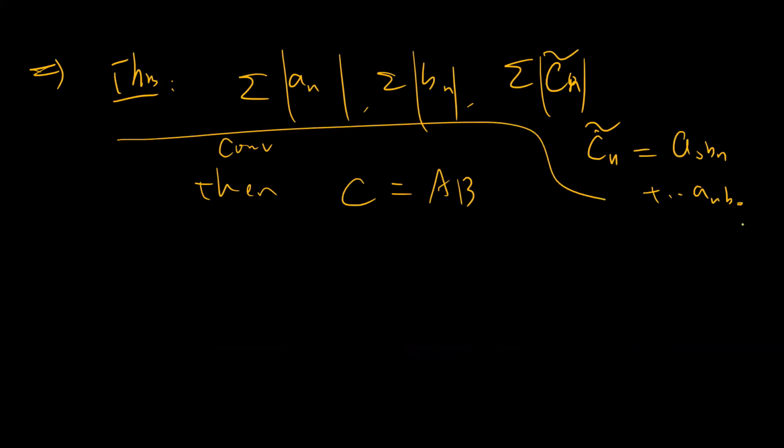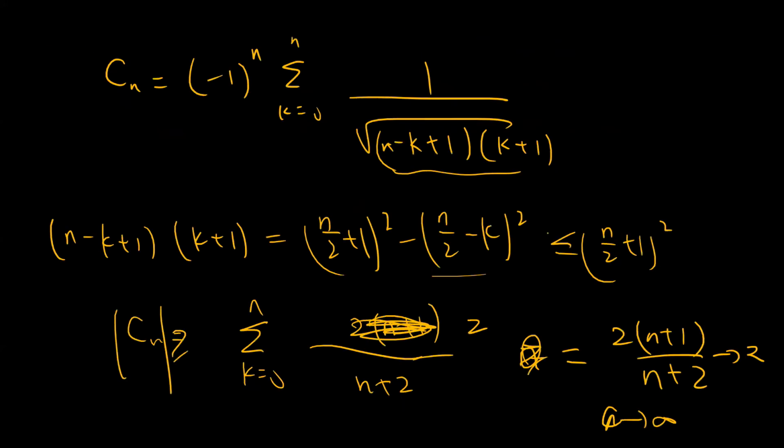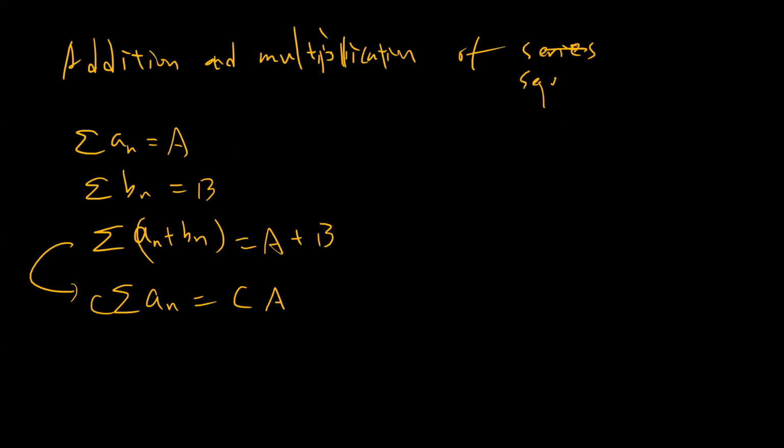So this theorem just tells you that if you have two absolutely convergent series, you can define a third whose terms look like polynomial multiplication. Then finally, this large C will converge to A times B. This is an interesting topic, but yes, we proved Mertens' theorem.